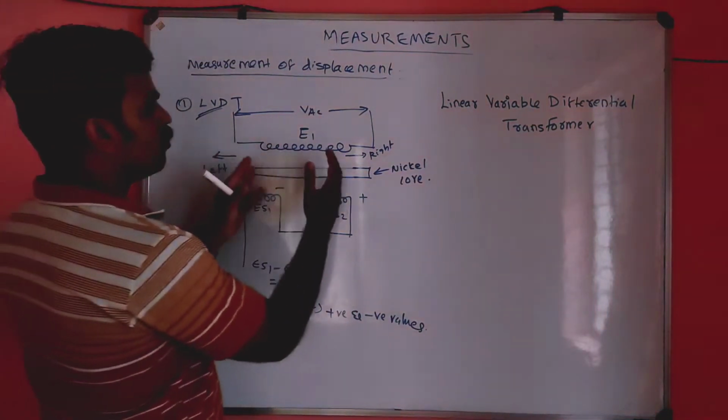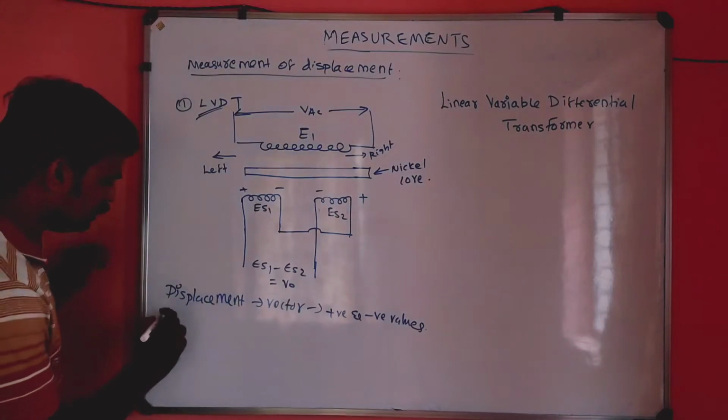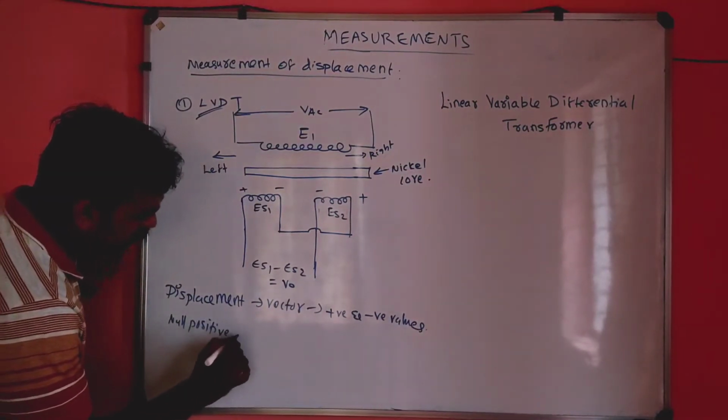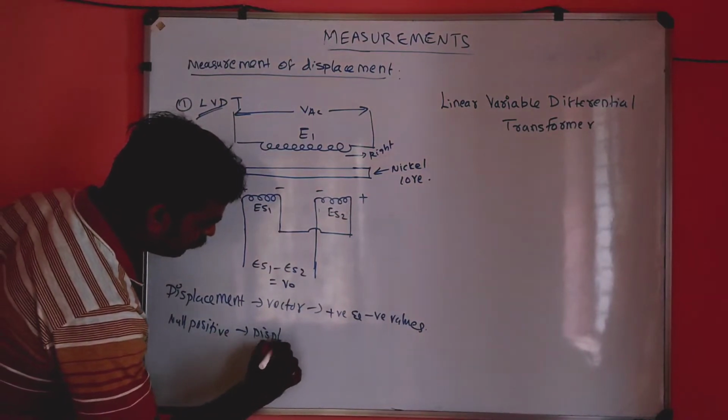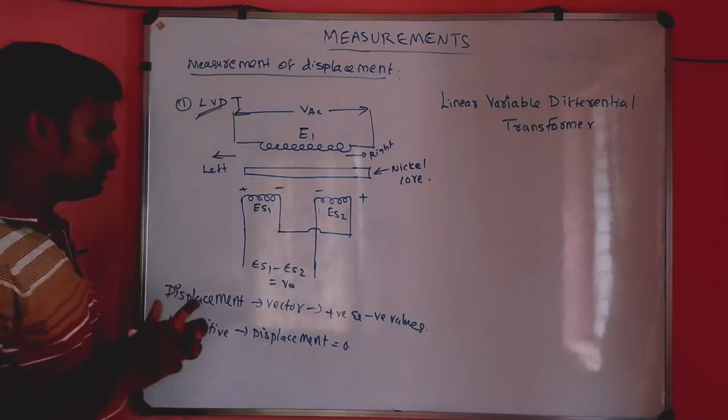So under normal condition, that means under equilibrium condition, it's called the null position. That means there is no displacement. Displacement is equal to 0. What happens?